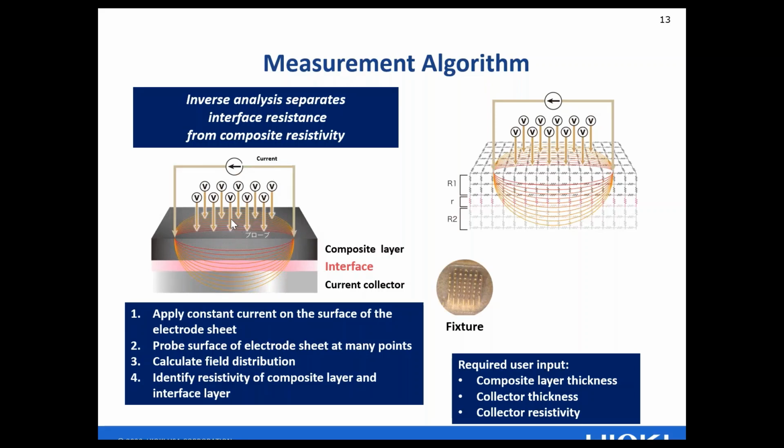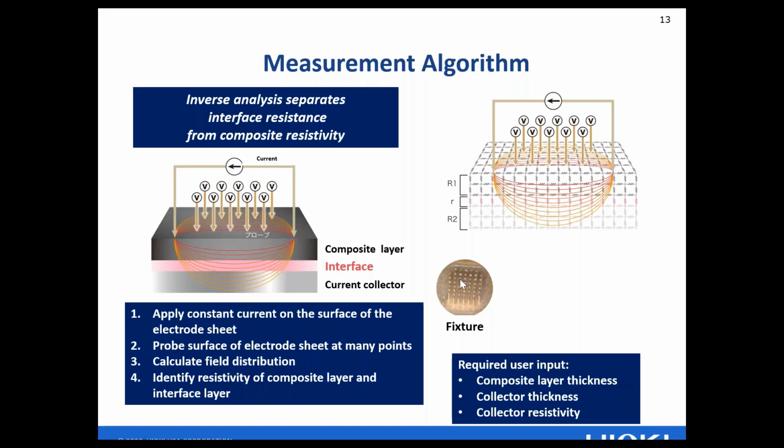But instead of just probing with one voltage probe, we have multiple voltage probes that probe the whole surface area of the electrode sheet. That gives us a tremendous amount of information that we can use to do a detailed analysis. Out here on the right-hand side, you see what the fixture looks like.